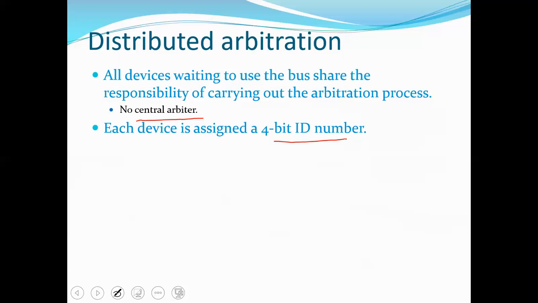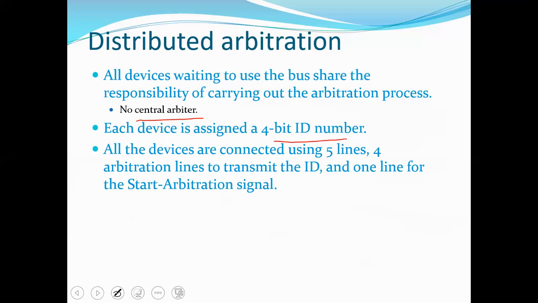And using this 4-bit number, the next device who should become the bus master is selected. Okay, so usually it is the device which has the highest number which is given priority. Okay, so how is it selected?